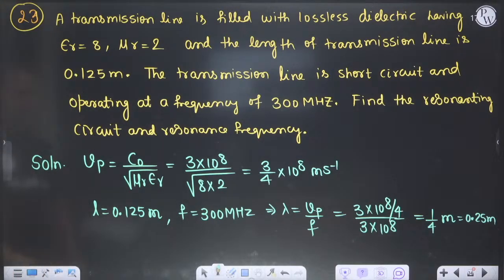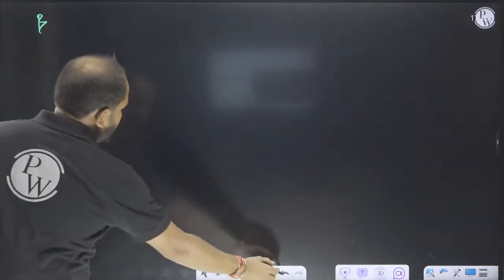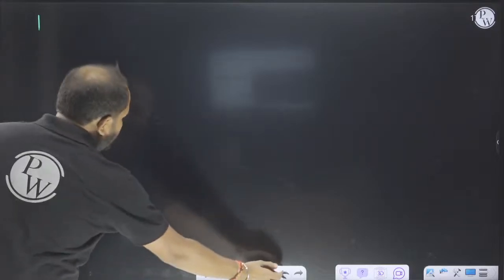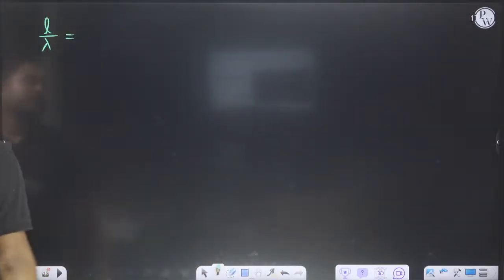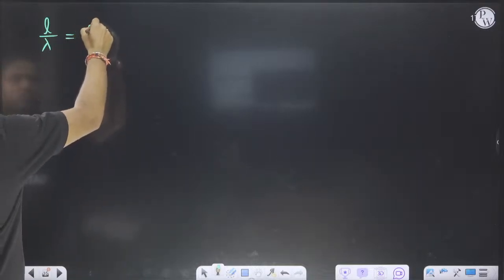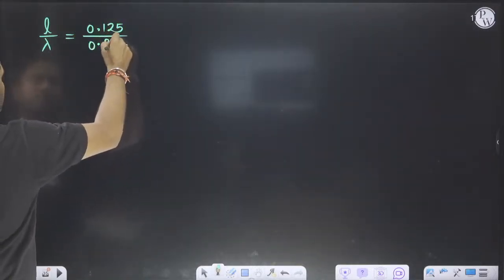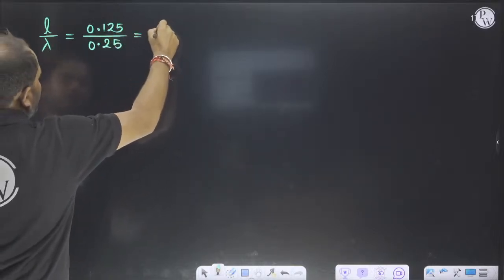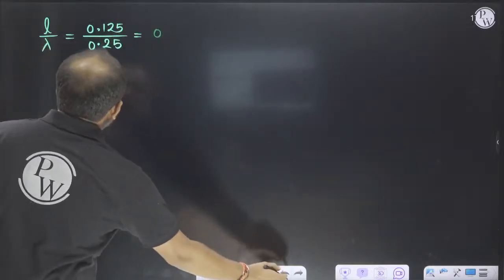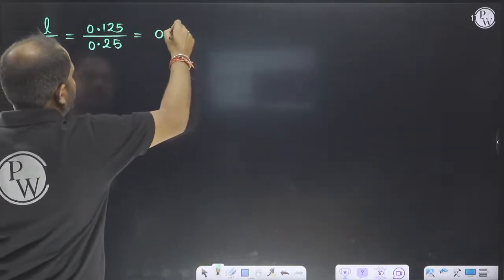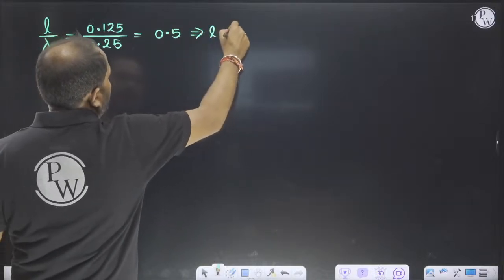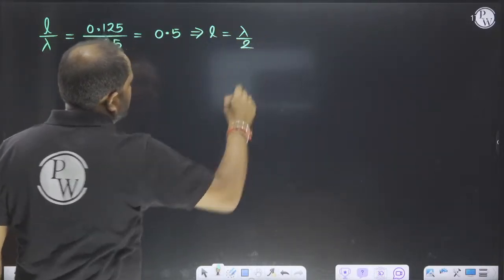Then we will calculate beta L. L by lambda is equal to 0.125 divided by 0.25, so it will be 0.5. That means the length is 0.5 lambda, that means lambda by 2.